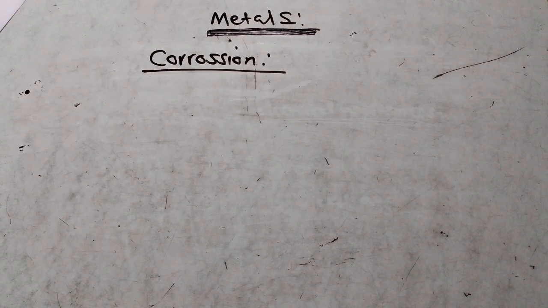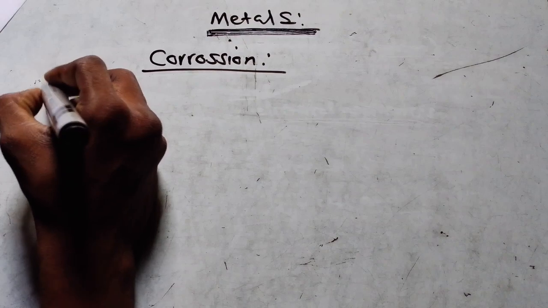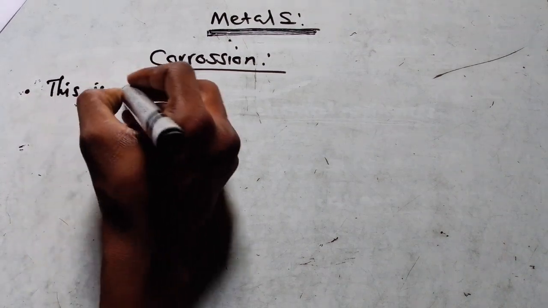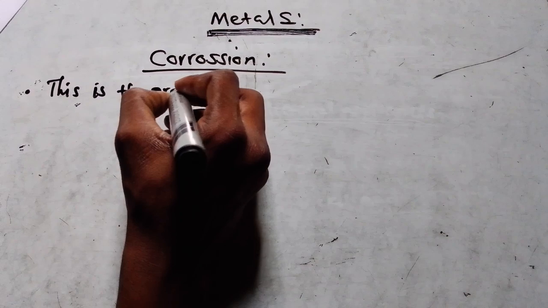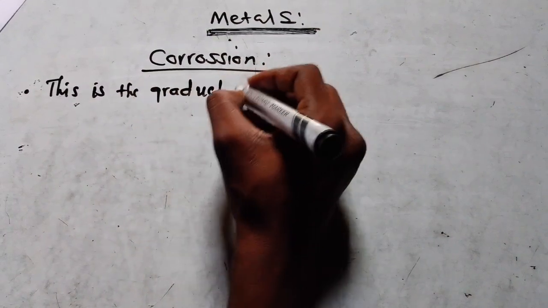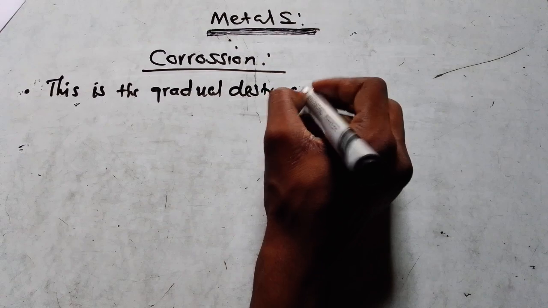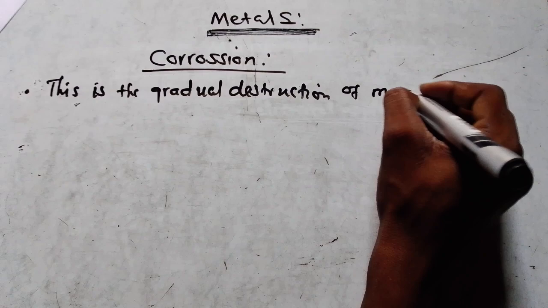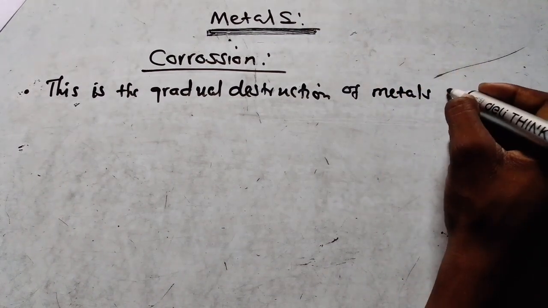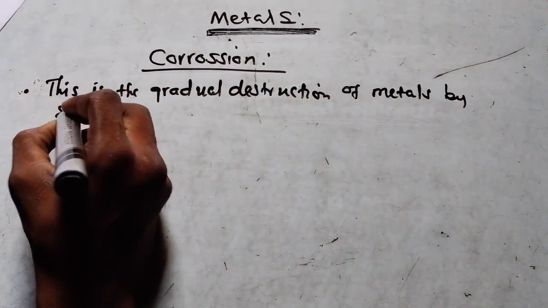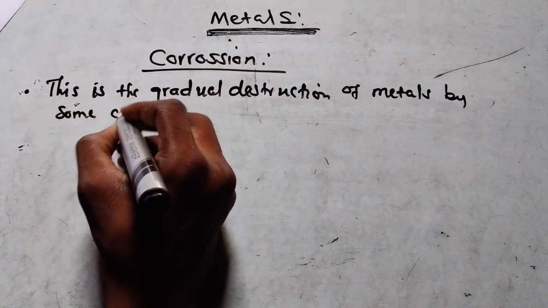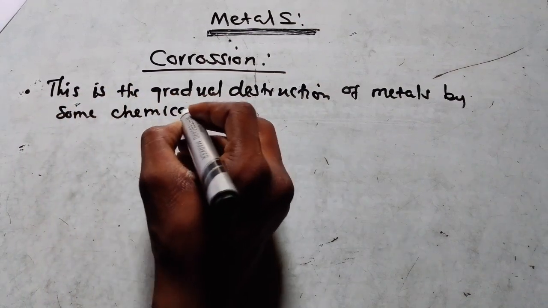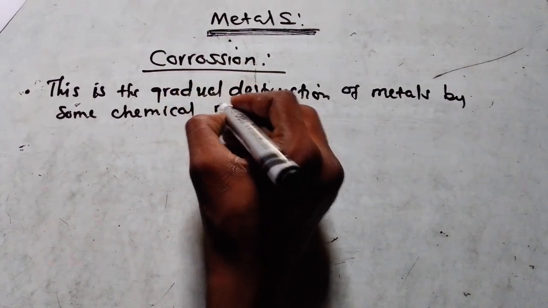By definition, corrosion is the gradual destruction of metals by some chemical reactions.